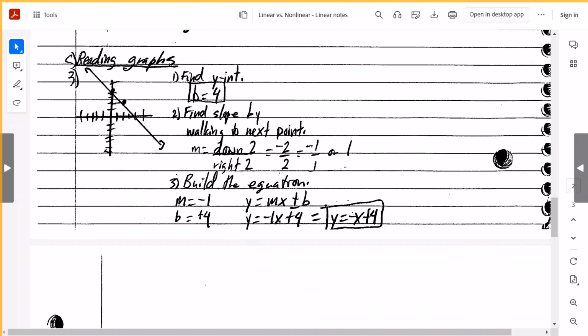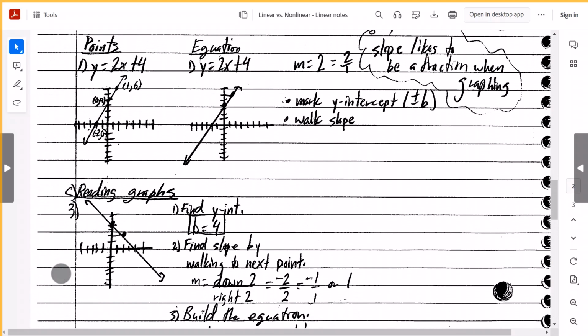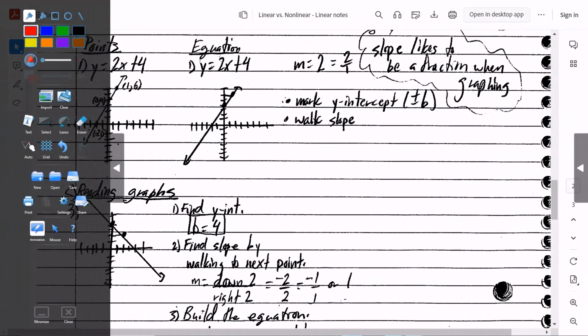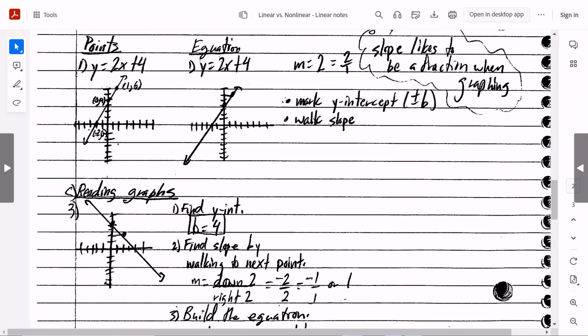All right? So when you're reading graphs, the steps are still the same as if you were graphing using the equation. Okay? So reading a graph and graphing using the equation, the steps are basically the same.